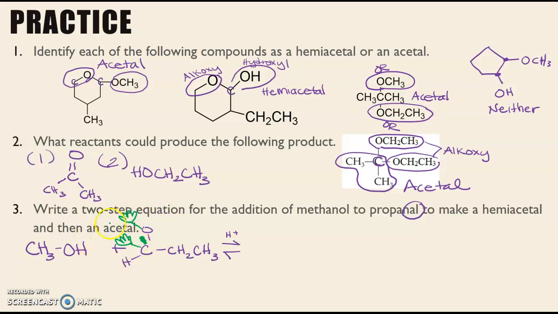The oxygen is going to grab the hydrogen, and the rest, which is this alkoxy portion, is going to get grabbed by the carbon. So let's redraw that. So I have my carbon. It's still bonded to that hydrogen, just like it was before, and it's still bonded to the CH2CH3.